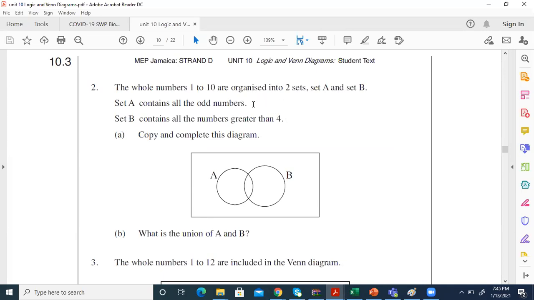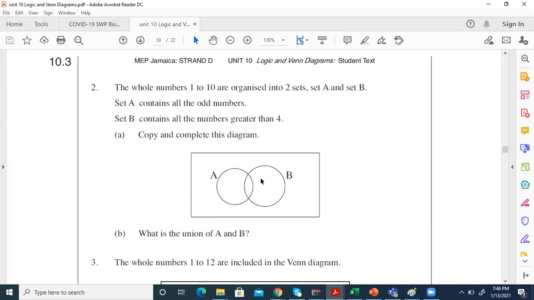I'm just listing the common elements between the two sets. 9 is an odd number and 9 is greater than 4. So those would be in the intersection. And then you fill out the rest. Set A, you have 1, 3, and we said that 5, 7, and 9 are in the intersection.